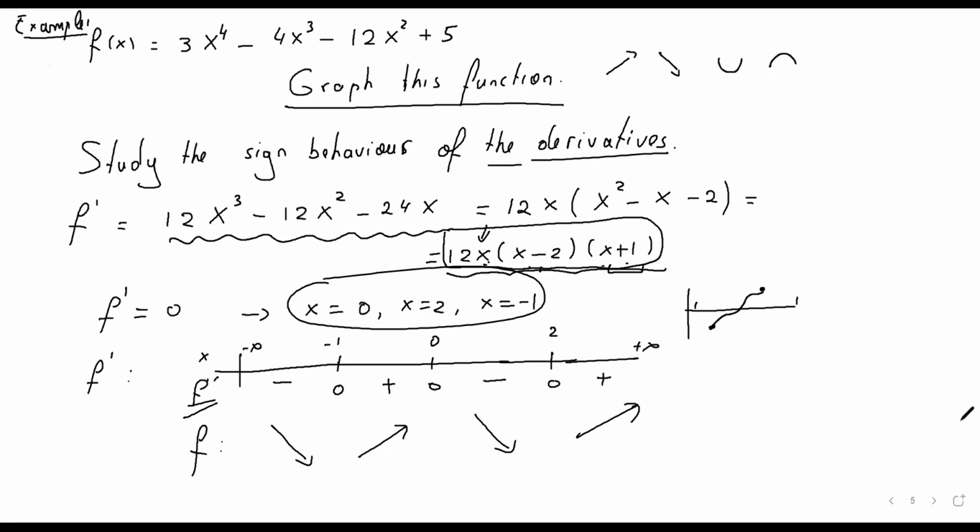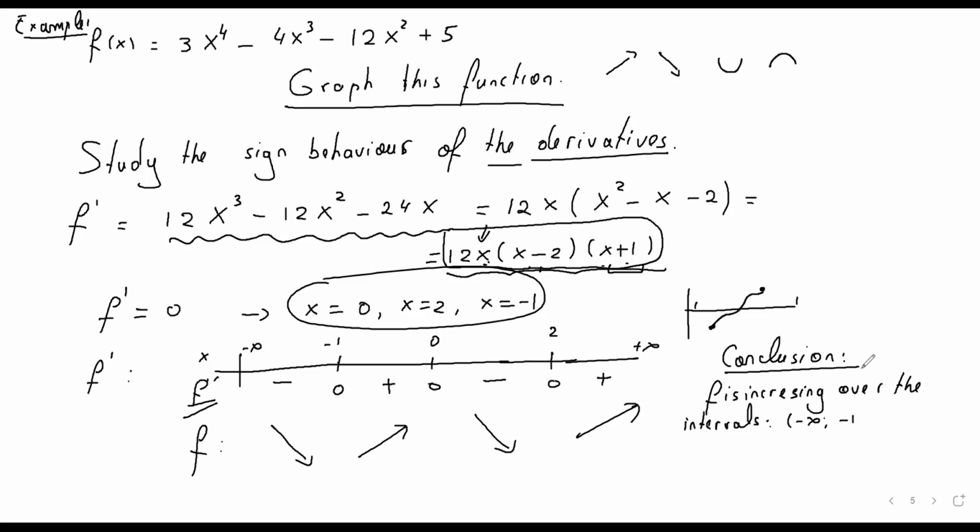All right, so we got this behavior, and we can say in conclusion, folks, and this is something I want you to be aware how to write properly. So you say f is increasing over the intervals, and I'm going to put here negative infinity to negative, oh, no, increasing would be -1 to 0.